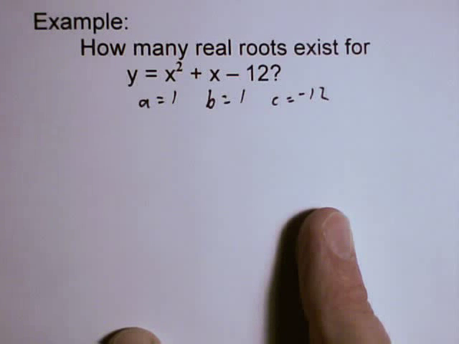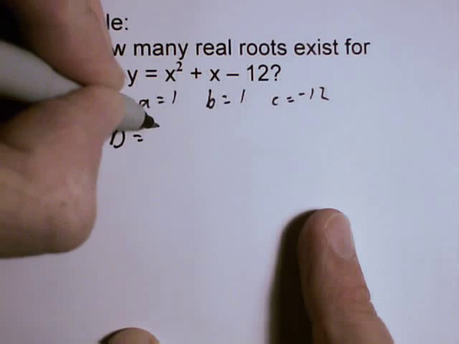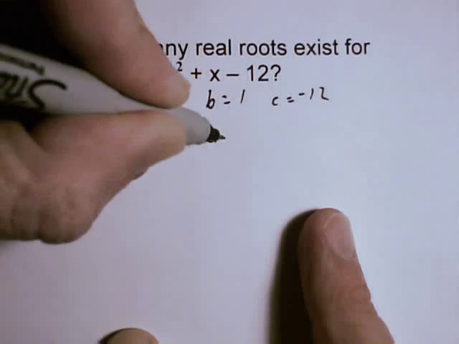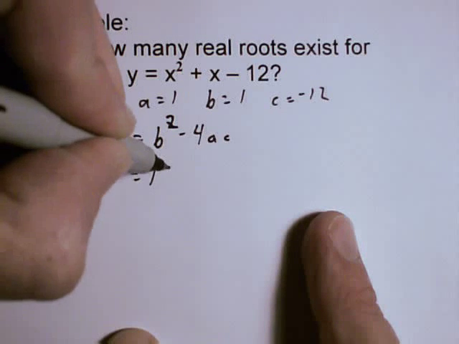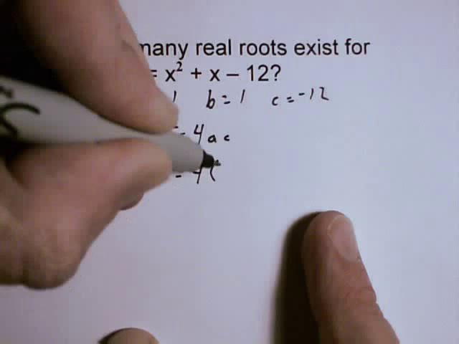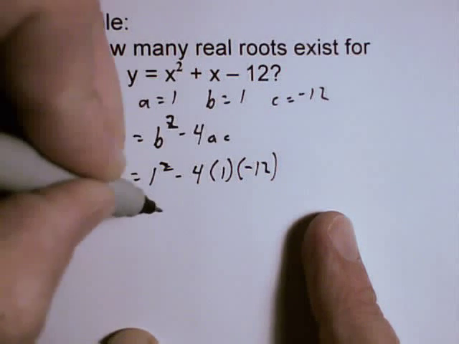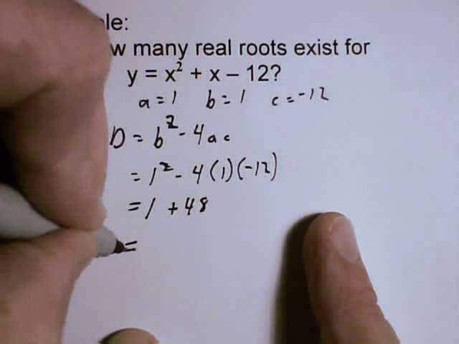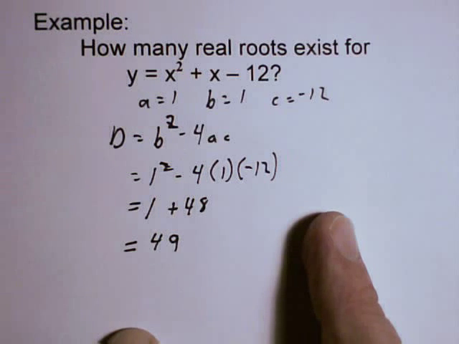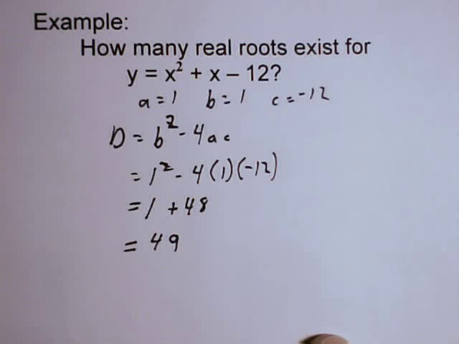Now I'm going to plug those into b squared minus 4ac. So, for this function, my discriminant has a value of 49. Since d is greater than 0, I'll have two real roots for this function.